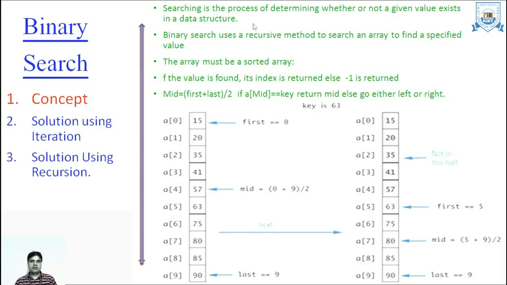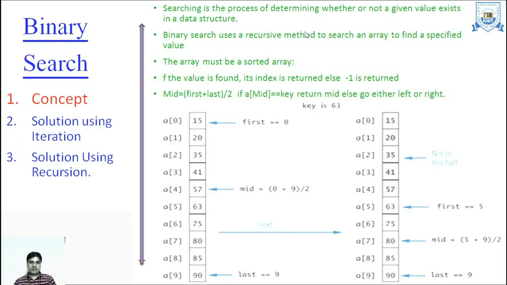But the problem with the linear search algorithm was we need to compare each and every element until we get the match. If the element is not present in the array, or it is the last element, that would be the worst case, with big O of n time complexity, like the time taken to complete the search would depend on the value of n. It will be proportional to n.